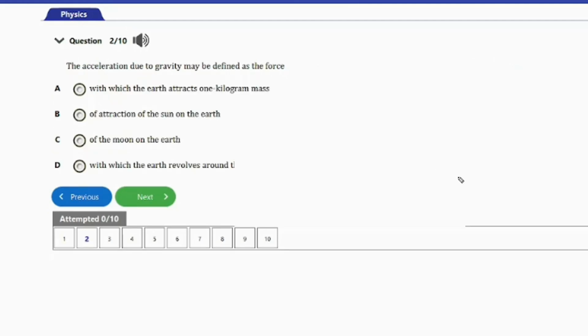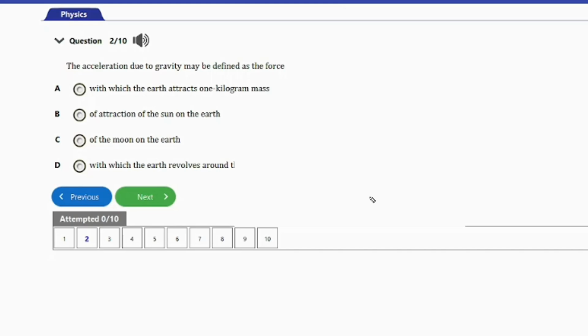So the next question we have here is question number 2. It says the acceleration due to gravity may be defined as the force A with which the Earth attracts 1 kilogram mass, B the force of attraction of the Sun on the Earth, C the force of attraction of the Moon on the Earth, D the force of attraction with which the Earth revolves around the Sun.